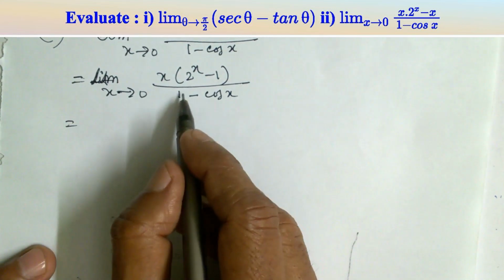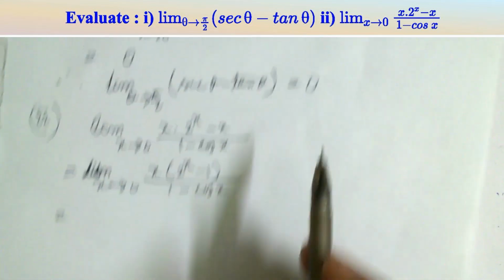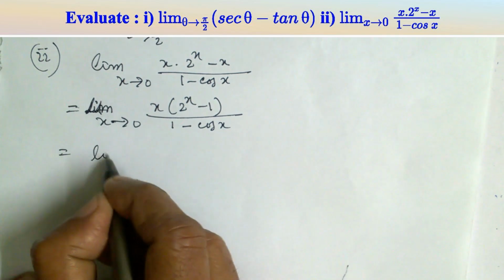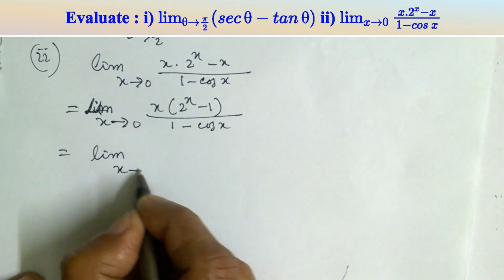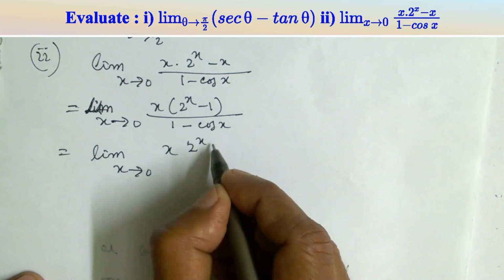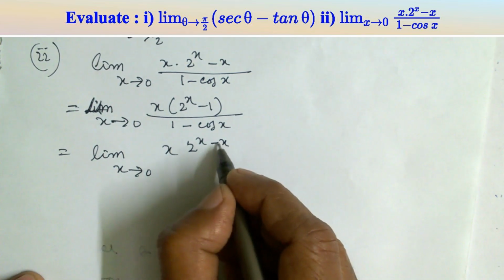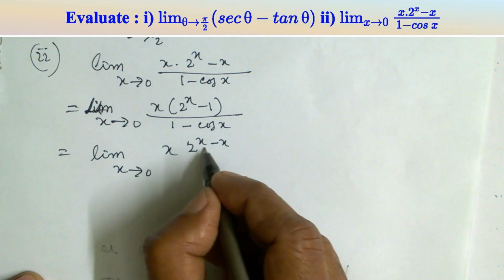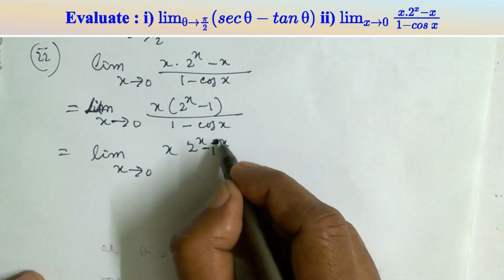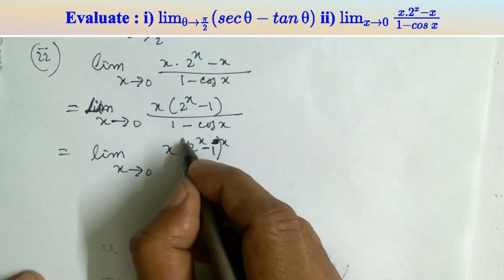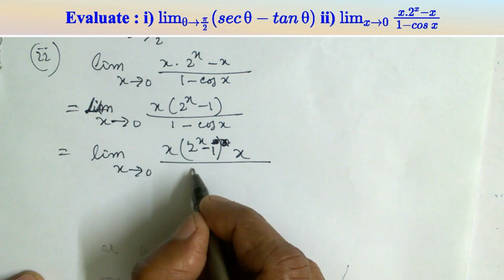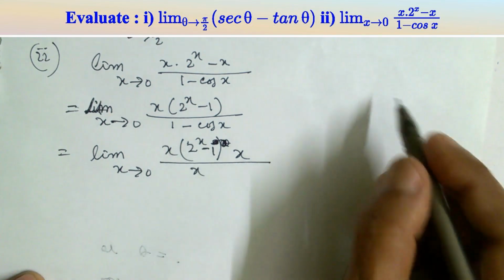Now use the trigonometric formula the same way as done in the first case. That means first question: limit of 1 minus cos x.